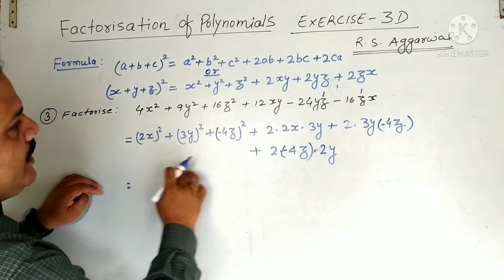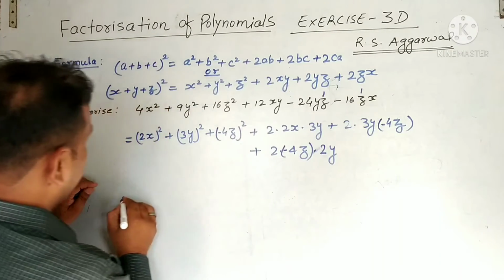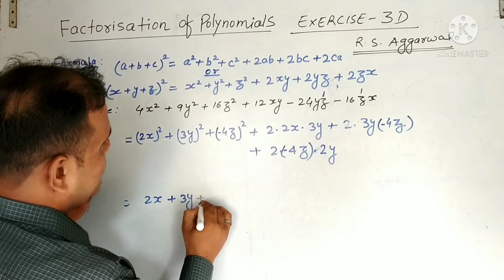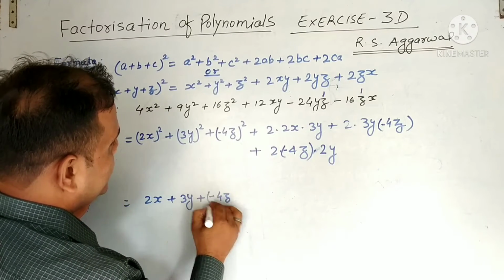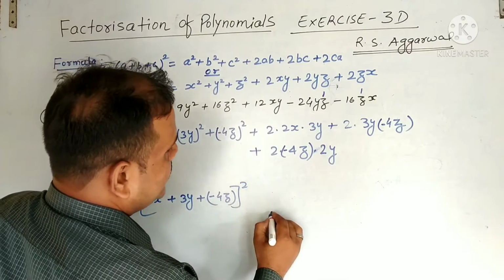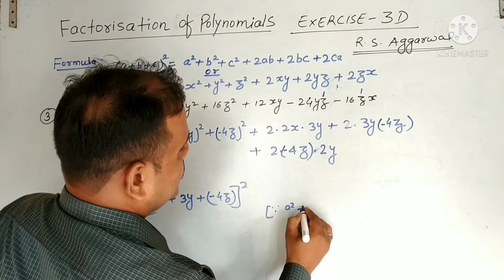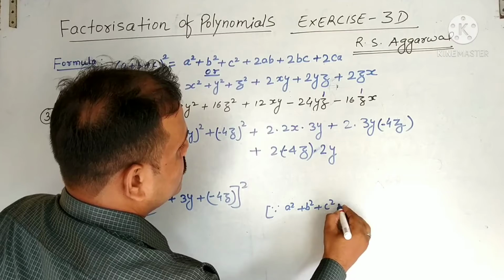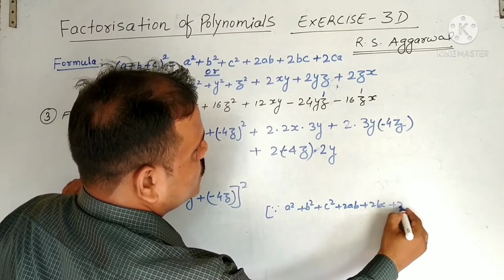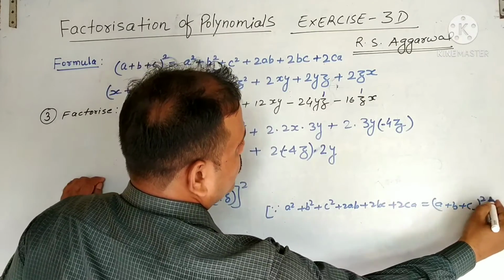Now it is in the form of this one, so what you have to do, put here, after that you write here (2x + 3y - 4z) whole square, and from here you write inside the identity a square plus b square plus c square plus 2ab plus 2bc plus 2ca equal to (a + b + c) whole square.